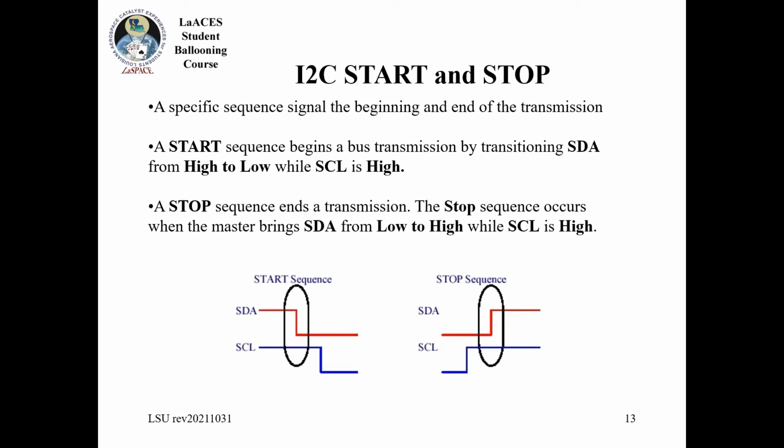The start sequence is basically you have the data line go from high to low while the clock line is steady at high. Similarly, you have a signal to indicate that you are done transmitting. In this case, it's just the reverse: the clock line must be high while the data line goes from low to high.